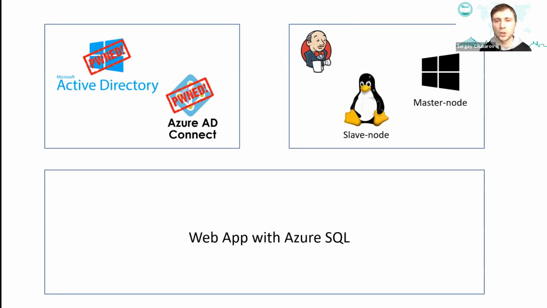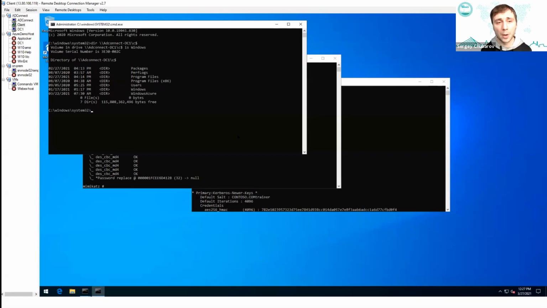We have virtual machines in Azure, and in my case they have a Jenkins application installed. To be fair, it doesn't really matter what is installed there. I use Jenkins just as an example because Jenkins may have multiple nodes with different operating systems, in my case Windows and Linux. I just want to show you how Linux and Windows may be compromised in the same manner. So let's move on, and I'm going to jump back to the demo.